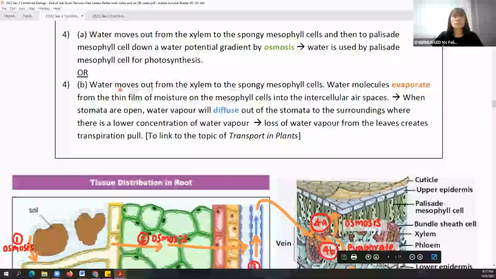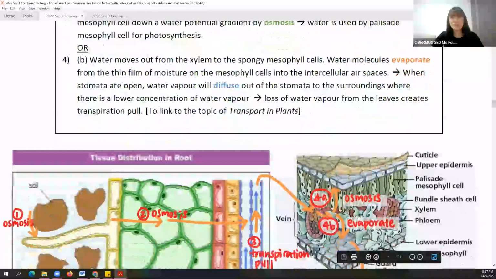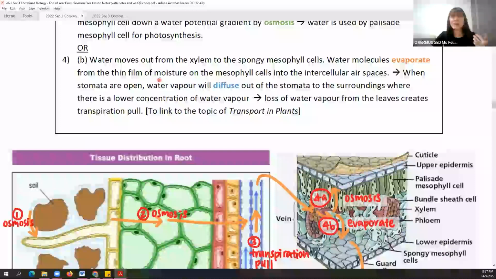You say that water move out from the xylem to the spongy mesophyll cell as seen over here. Then the water will evaporate from the thin film of moisture. Remember, whenever you talk about spongy, you must always mention the thin film of moisture into the intercellular air space. And then when the stomata are open, the water vapor will diffuse out.